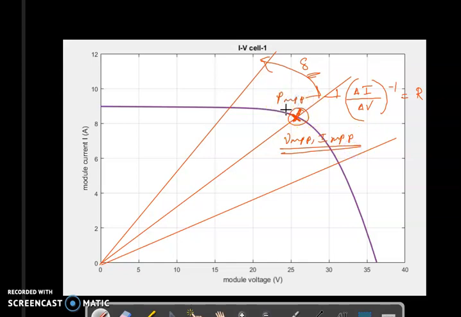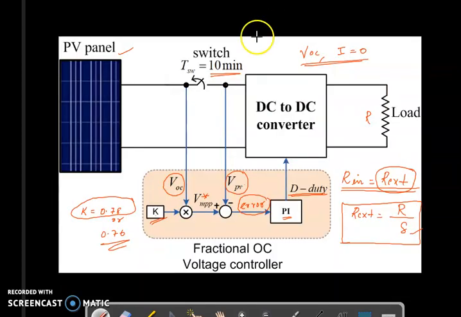So this is the easiest technique to implement for MPPT. Here just one sensor is enough, and that sensor is a voltage sensor. With the voltage sensor, measure the open circuit voltage and multiply it with K. You can tune this K appropriately for any value of temperature and irradiance.